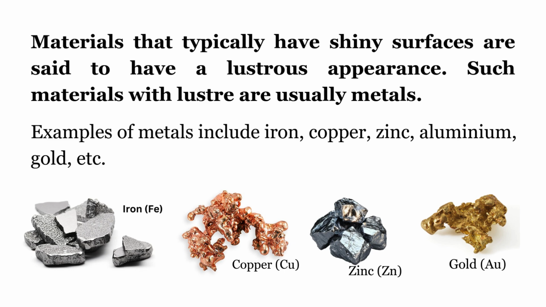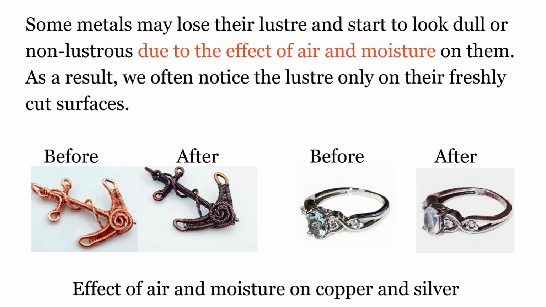Materials that typically have shiny surfaces are said to have a lustrous appearance. Such materials with luster are usually metals. Examples of metals include iron, copper, zinc, aluminium, gold, etc. However, some metals may lose their luster and start to look dull or non-lustrous due to the effect of air and moisture on them.